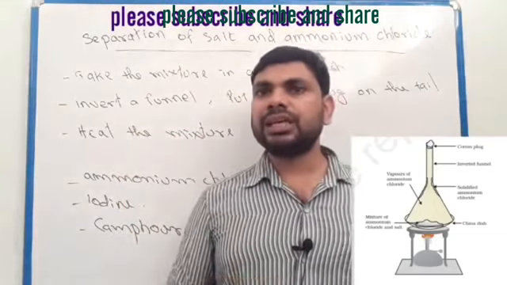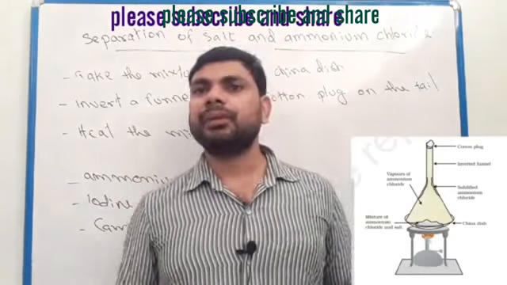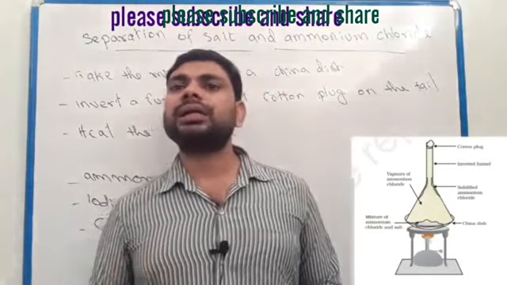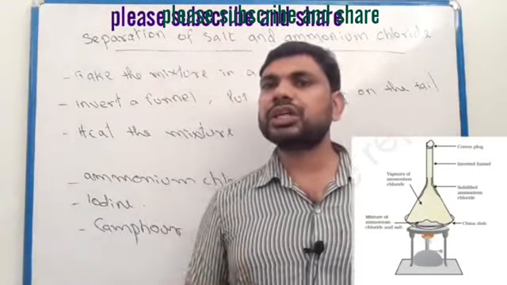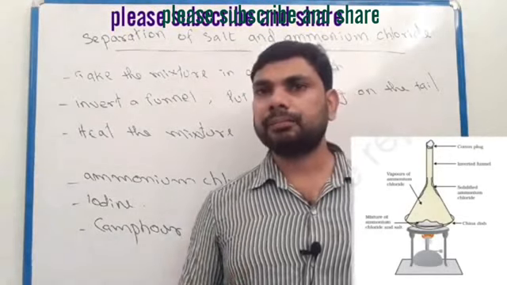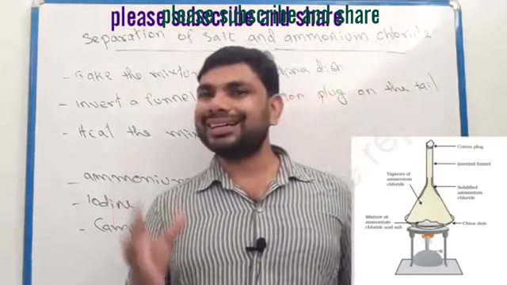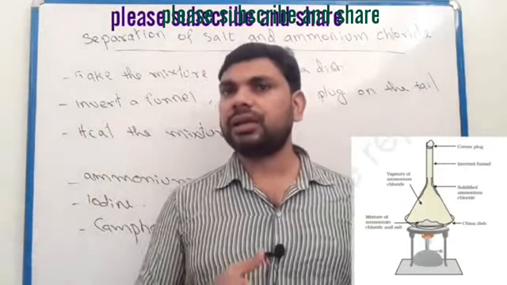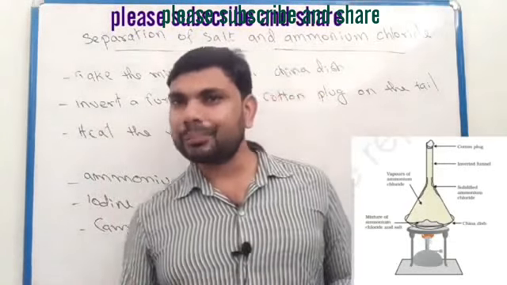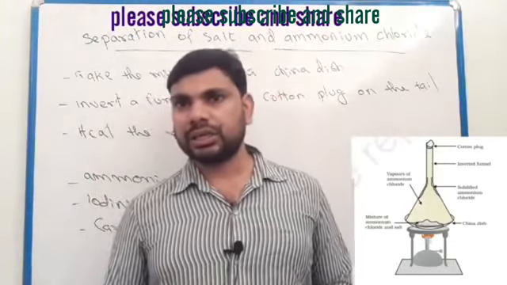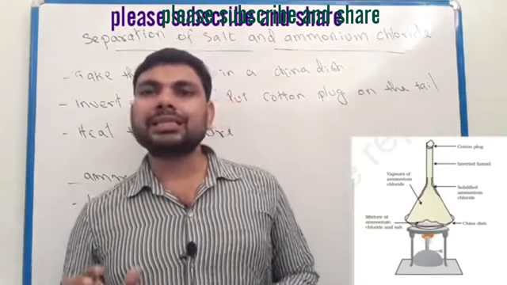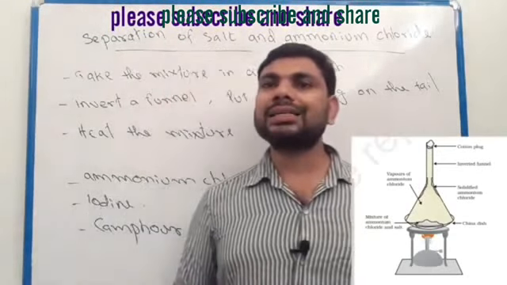Then heat the china dish. Ammonium chloride will sublimate, changing to vapor very easily, and this vapor will condense on the surface of the funnel, but the salt will remain in the china dish. In this way we can separate the mixture of salt and ammonium chloride.